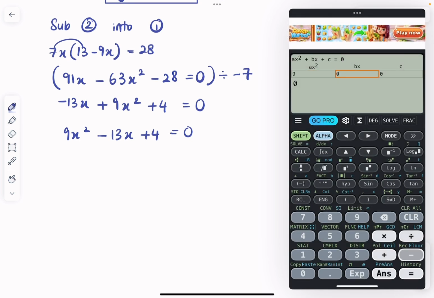A is 9, B is negative 13, C is 4. So x is 4 over 9 and x is 1. Here we get 9x minus 4 and x minus 1.